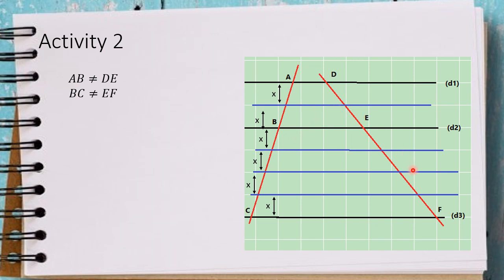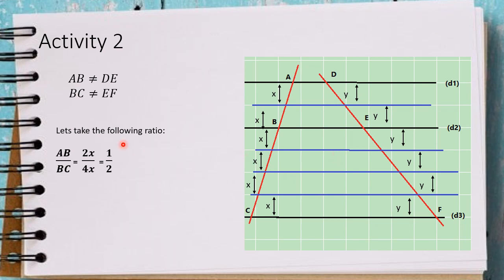And also for the second secant, if this segment is y and we have equal distance between D1 and this blue line and this blue line and D2, then this red segment will be equal to this red segment. If this is y, then this is also y, and this y, and so on.